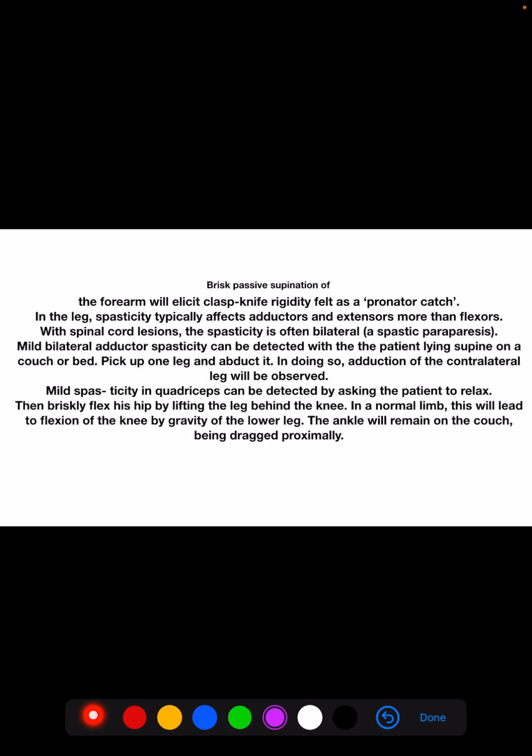So in the flexors there is increased tone, and in the pronators also there is increased tone. Okay, so if we try to do a passive supination of the forearm, this will also elicit clasp knife rigidity. So this will be felt as a pronator catch.